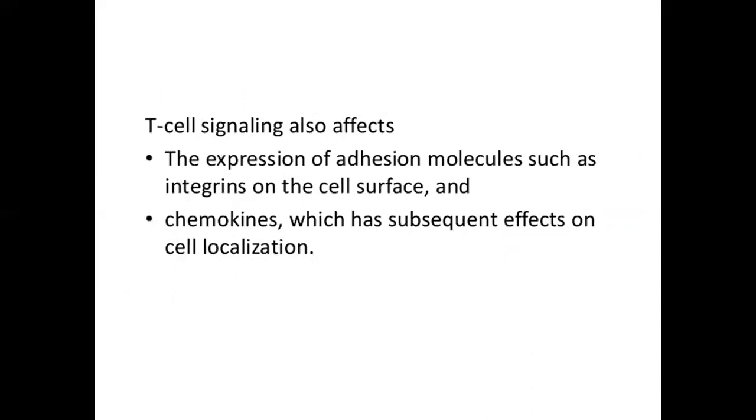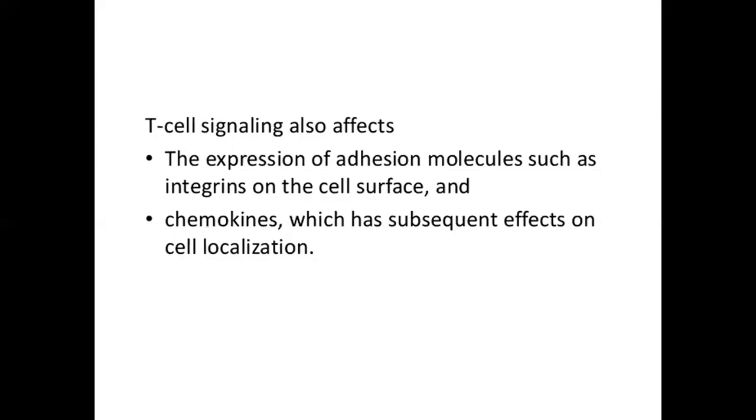It also affects the expression of adhesion molecules such as integrins on the cell surface, and chemokines, which have subsequent effects on cell localization. So this is about T cell organization and some of the features associated with T cell signaling pathways.